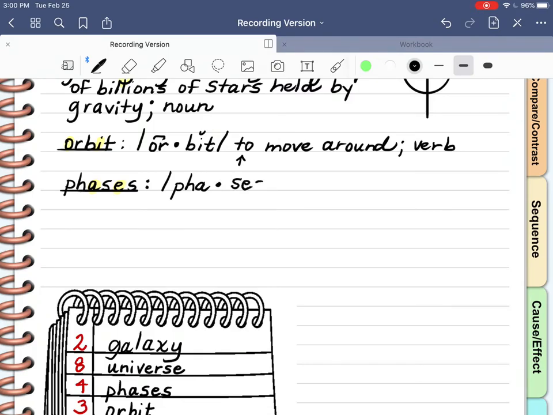Phases. Long A. Phases. Phases are states in a series of events.